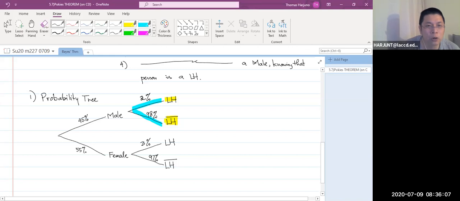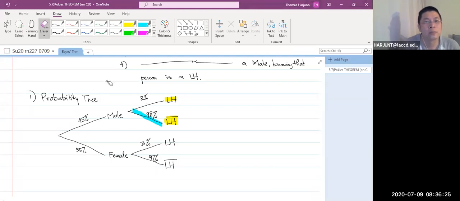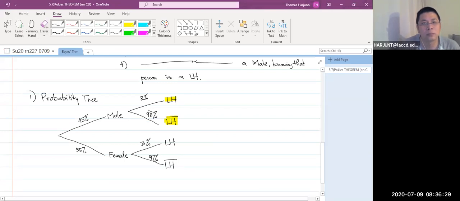The probability has to be on the branch, and the event is at the end of the branch. Okay, I want to erase the coloring. So this is the probability tree.